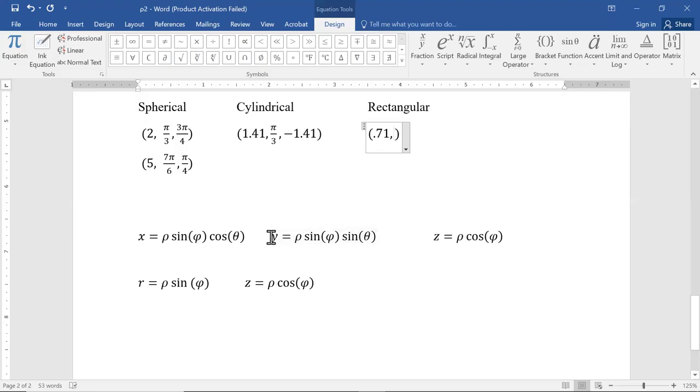Now, the y value is going to be 2 times sine of 3 pi over 4 times sine of pi over 3. When all of that is plugged in, you should get about 1.22.